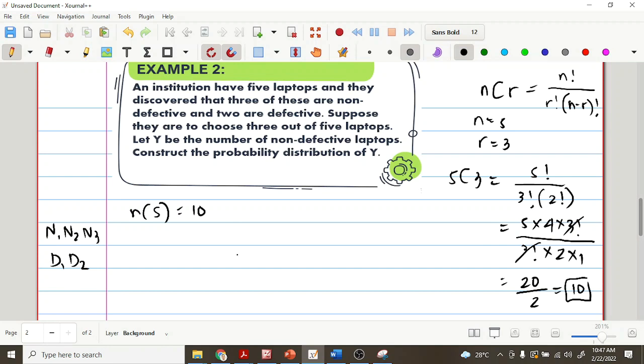Ang mga possible outcomes ay, unang magiging outcome natin ay silang 3 ay magkakasama. Then followed by n sub 1, n sub 2, d sub 1. n sub 1, n sub 2, d sub 2. And n sub 2, n sub 3, d sub 1.